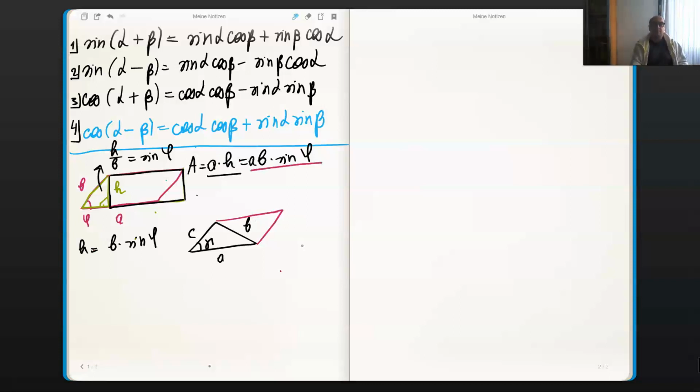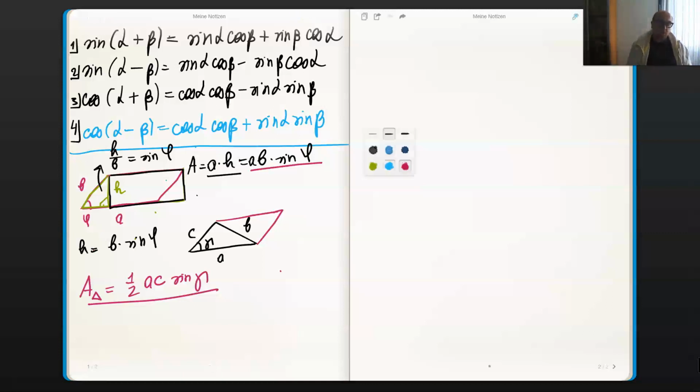It's a b times the sine of the angle in between. And now we're talking about the area of only a single triangle. So the area of a triangle would be a half a, in this case c I called it, and then the sine of gamma. All right, so that's the story. That means the area of a triangle is just a half of a times c times the sine of the angle in between. Simple as that.